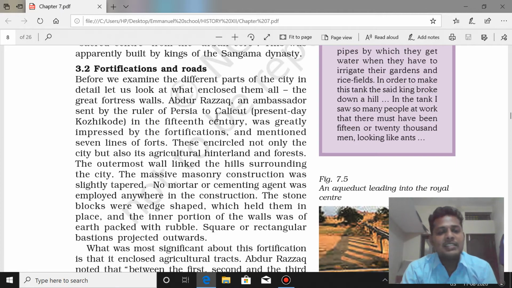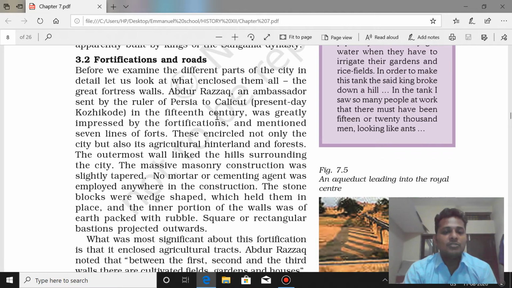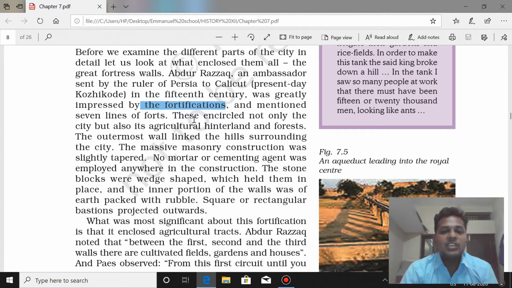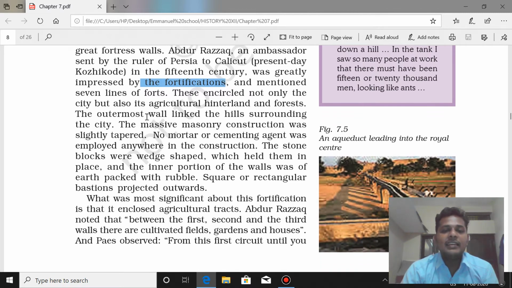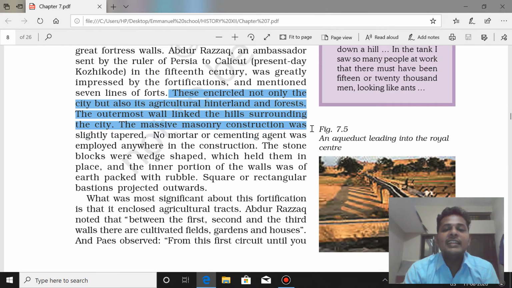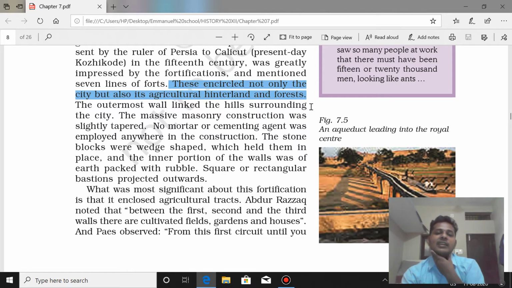Abdul Razzaq, an ambassador sent by the ruler of Persia to Calicut in the 15th century, was greatly impressed by this fortification. ये आंसर नहीं है, ठीक है, लेकिन आपको 1 मार्कर में आ सकता है. तो फोर्टिफिकेशन को देख के बहुत ही मेस्मराइज्ड हो गए हैं और ये लिख रहे हैं कि इनके सोर्स से हमें पता चलता है this encircled not only the city but also its agricultural hinterland and forests. तो इनका जो बाउंड्री वॉल बनाने का आइडिया है, ये नॉट ओनली जस्ट फोर्ट्स एंड द सिटीज बट आल्सो द फॉरेस्ट एंड द एग्रीकल्चर लैंड. सो दैट मेड हिम टू गेट अमेज्ड.